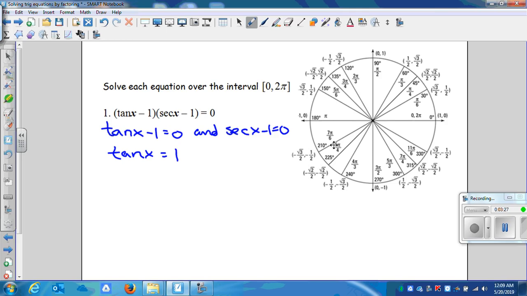If we move over to our unit circle, we'll see that tan x equals 1 occurs at pi over 4, right here, and 5 pi over 4, because the negative over the negative equals the positive.